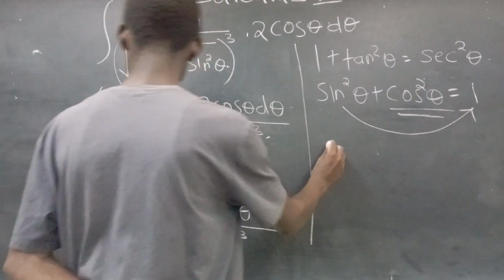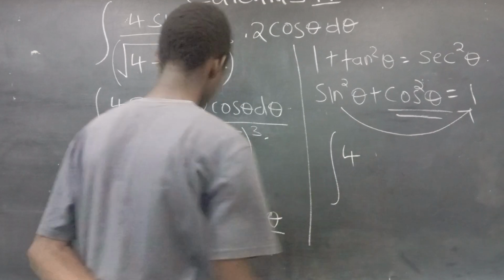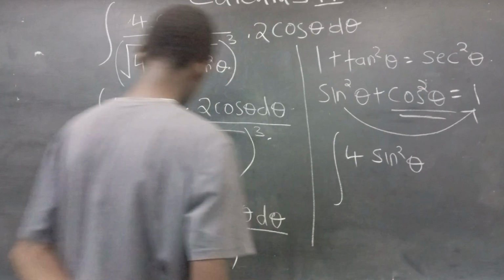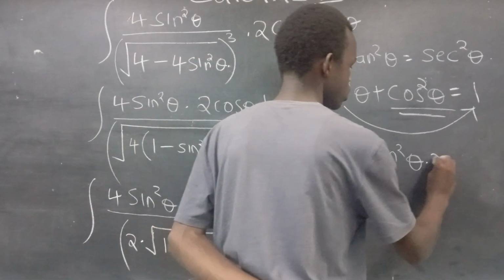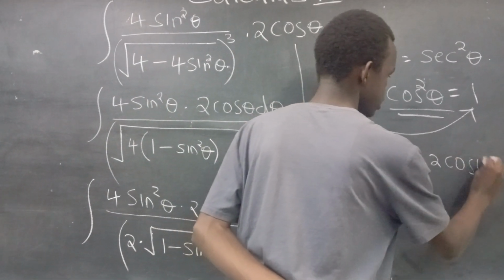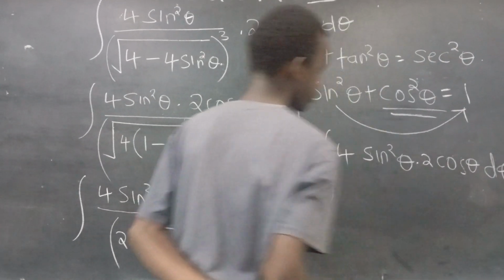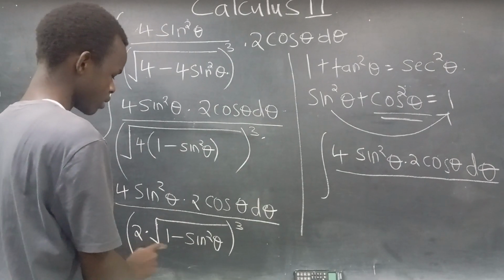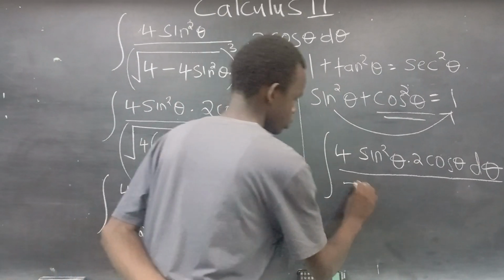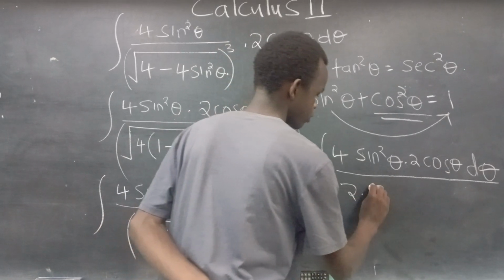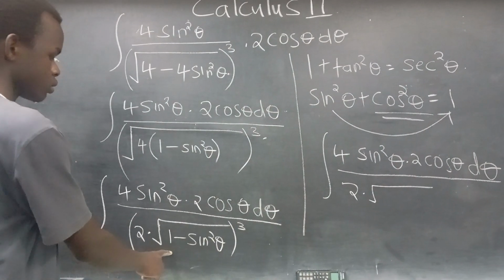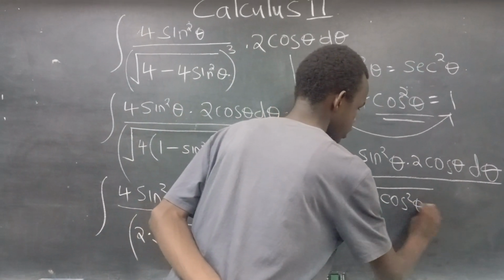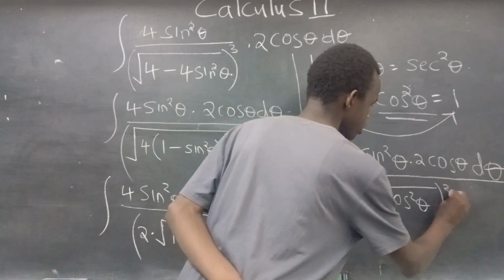So I'll get the integral of 4 sine squared of theta multiplied by 2 cos theta d theta divided by 2 multiplied by the square root of, we replace all these expressions by cos squared of theta, and again don't forget to cube.